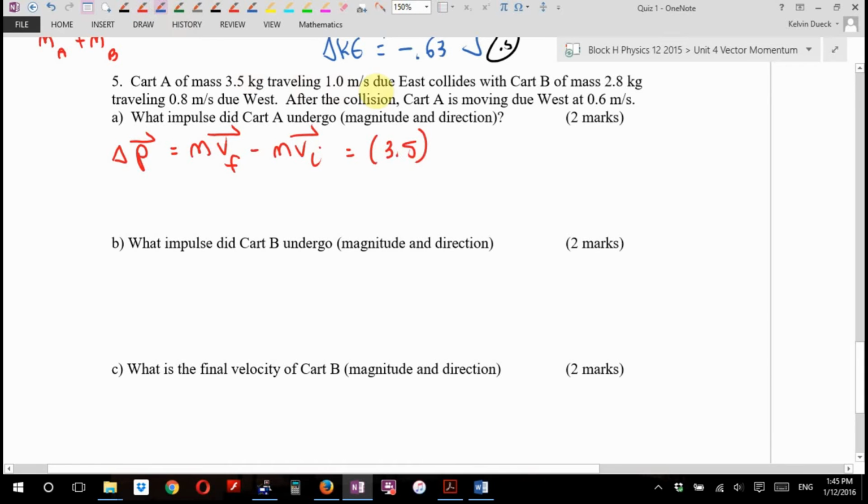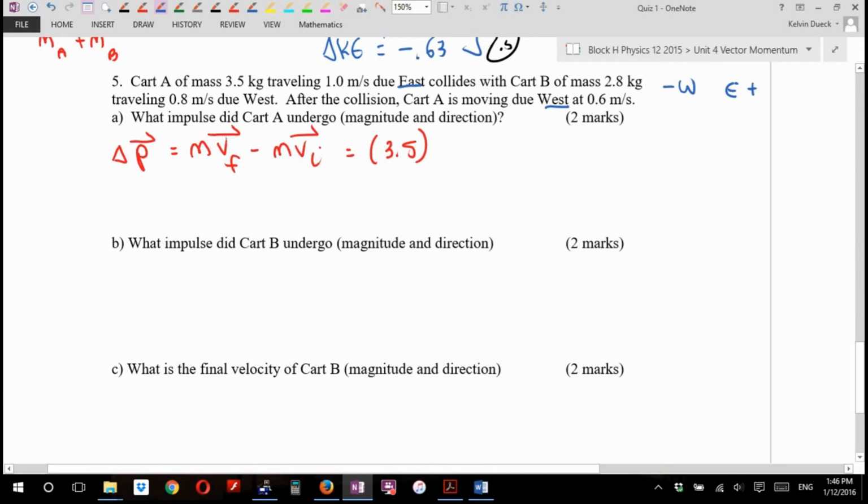Oh, I have east, I have west. I'm going to let one way be positive, one way be negative. I suspect most of you let east be positive, and west negative, so I'll do it that way.